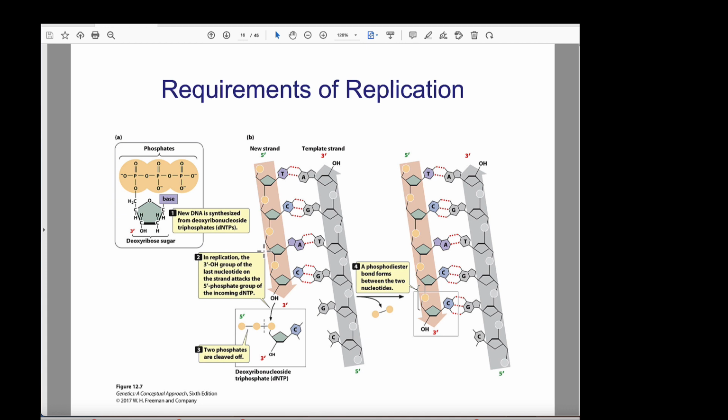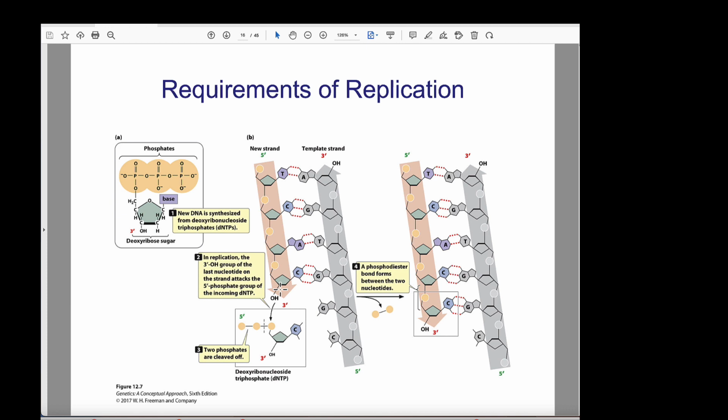These nucleotides are added to the growing strand in a 5' to 3' manner. Remember in the last chapter I talked about what that 5' and 3' means. It's referring to the carbons on the ribose sugar. So here you have the 3' carbon on the ribose that is available, and so an incoming free nucleotide can be added to that growing chain.